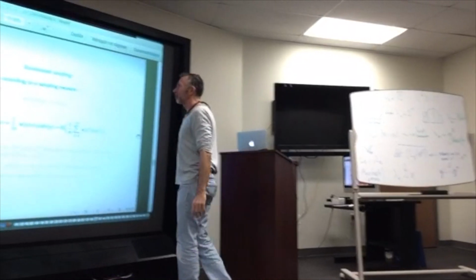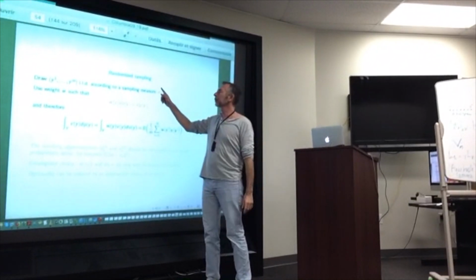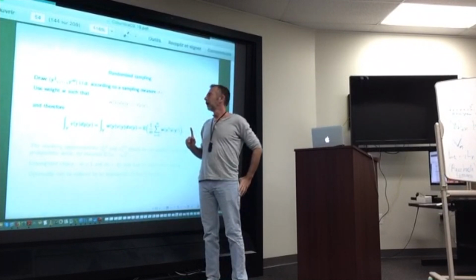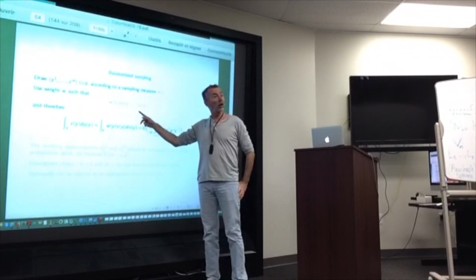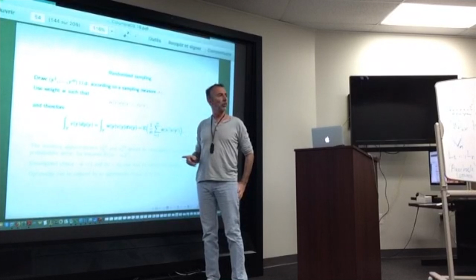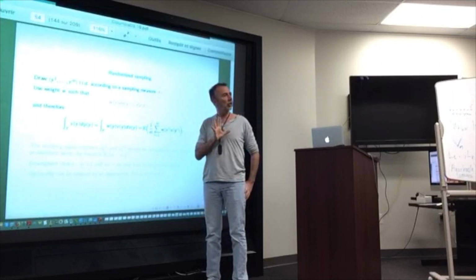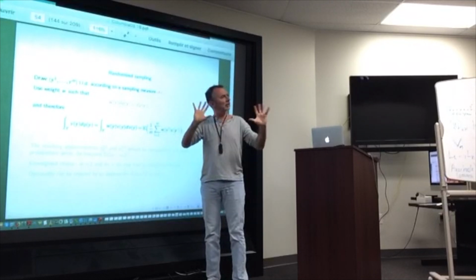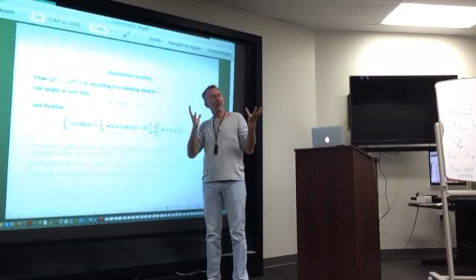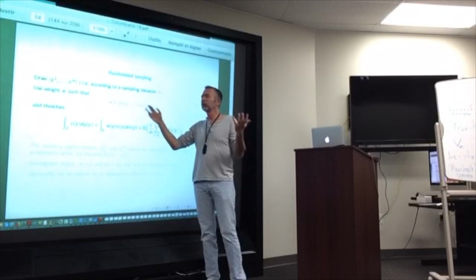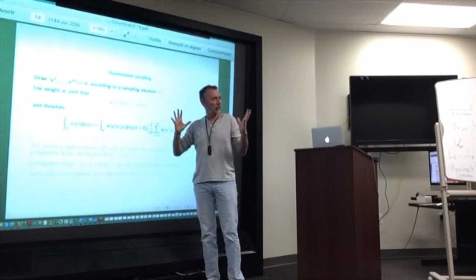So we're going to sample, but we are going to sample according to a certain measure, which in general will differ from the measure rho that is associated to the error norm. Okay? So rho is fixed by us. I mean, rho is what we want to use to measure the error.